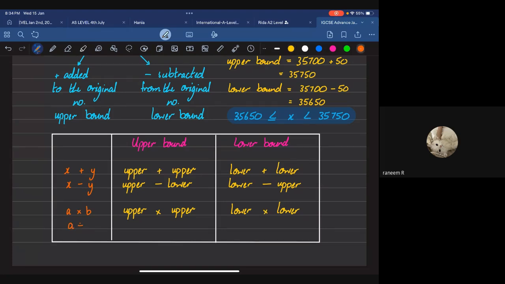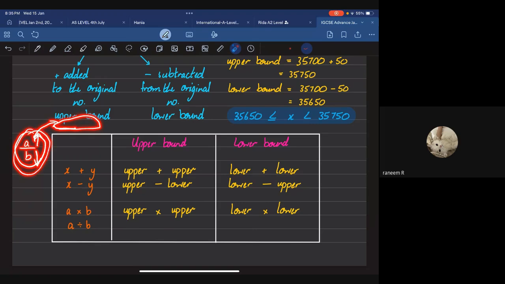Now, if I'm dividing two things, for example A divided by B, this is a bit more interesting. Why? Because if I want to get the maximum possible answer, the maximum range of this answer, that means I need my denominator to be really small and my numerator to be really big.